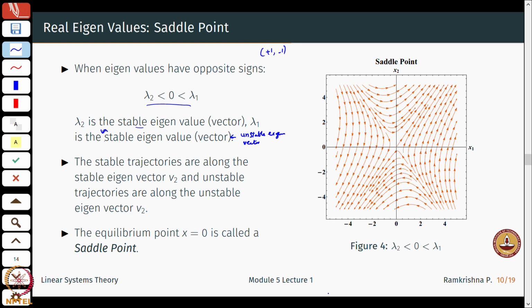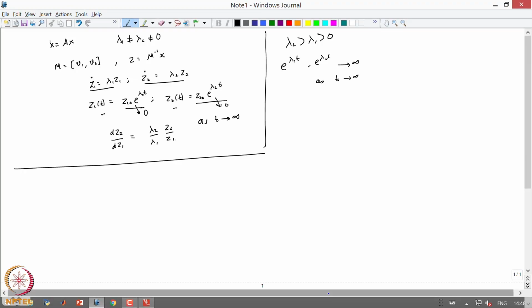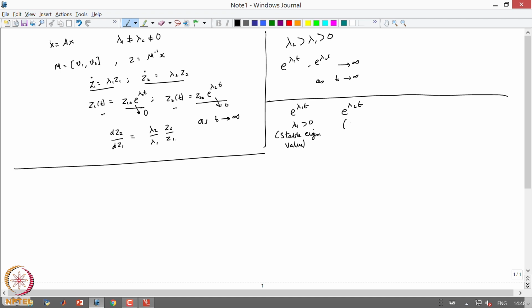Okay, how to understand the behavior of this? Let us again analyze these two terms here: e power lambda 1 t and e power lambda 2 t.